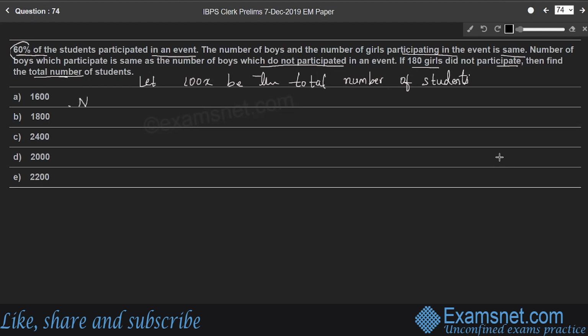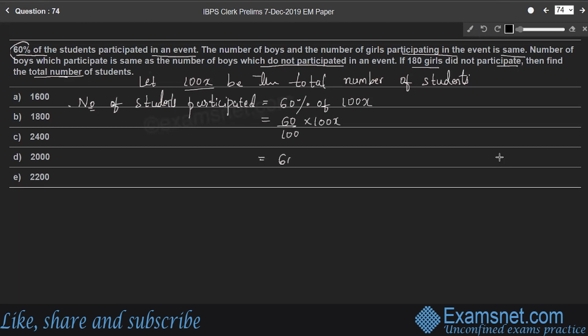Therefore, the number of students participated is equal to 60% of the total number of students. So what is the total number? It is 100x. So 60% of 100x is 60 by 100 into 100x, which is 60x.